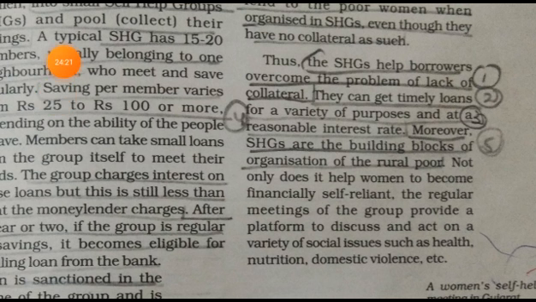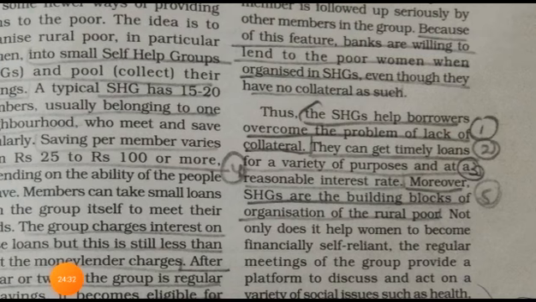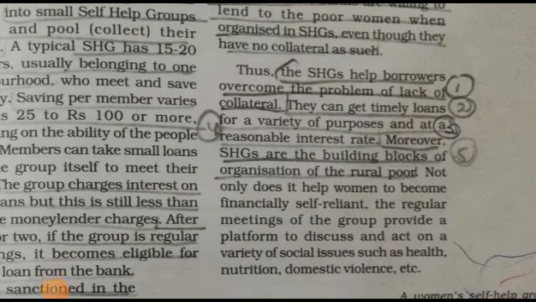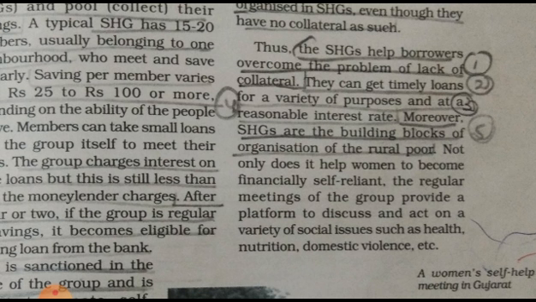Moreover, SHGs are building blocks of the organization of the rural poor, and not only does it help women to become financially self-reliant, the regular meetings of groups provide a platform to discuss and act on a variety of social issues such as health, nutrition, domestic violence, etc. Means the work of this SHG is not limited to pooling their resources, saving in banks or getting loans.